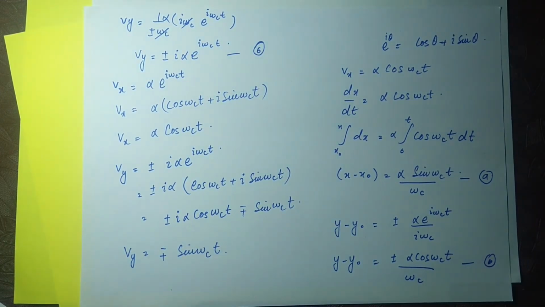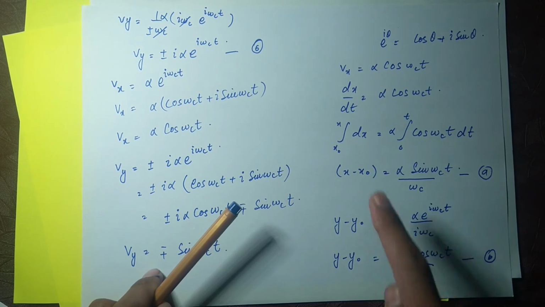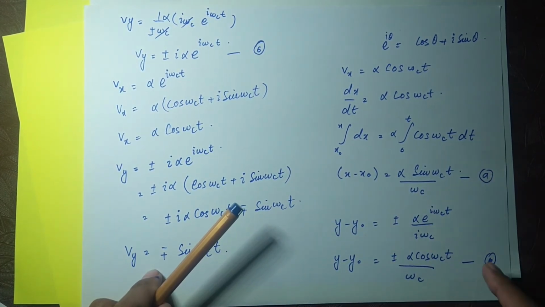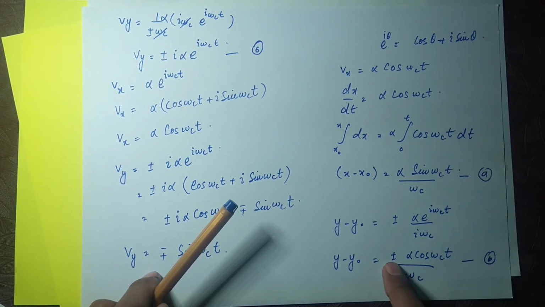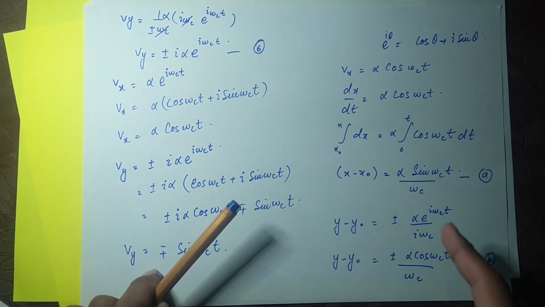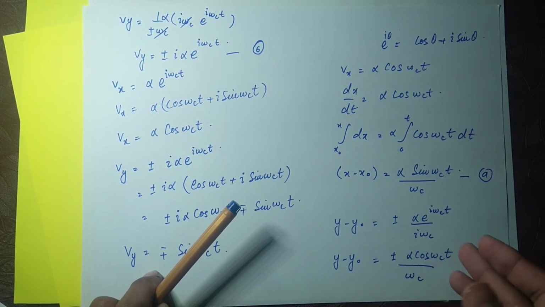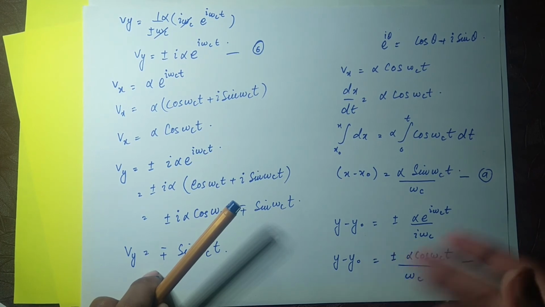Now what we have to do is take the square of equation a and equation b and add them. When we square a positive term it stays positive, and when we square a negative term it also becomes positive, so plus minus will be equal to the positive value.